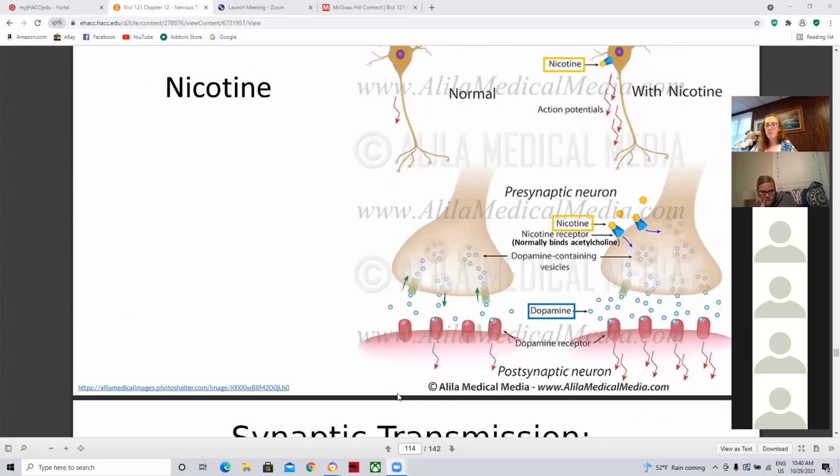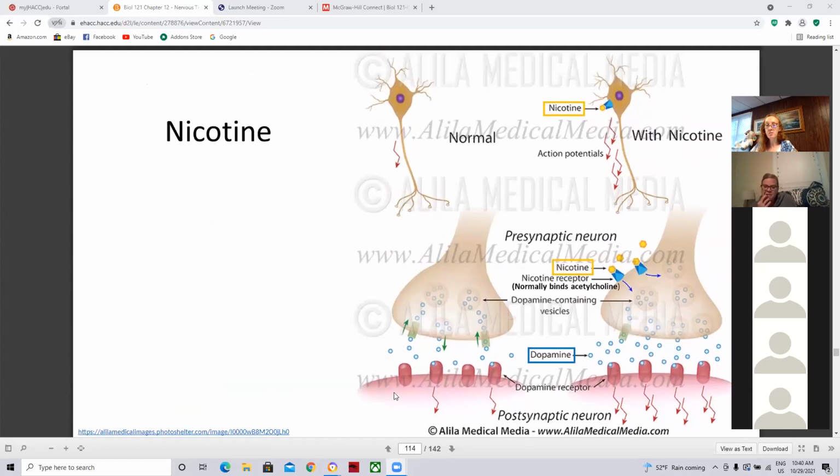One of the most addictive drugs in the US and possibly in the world is nicotine. Nicotine binds to cholinergic receptors and activates them.